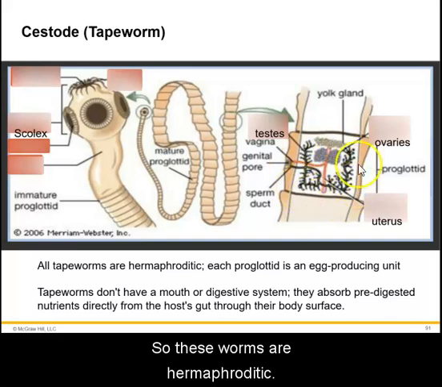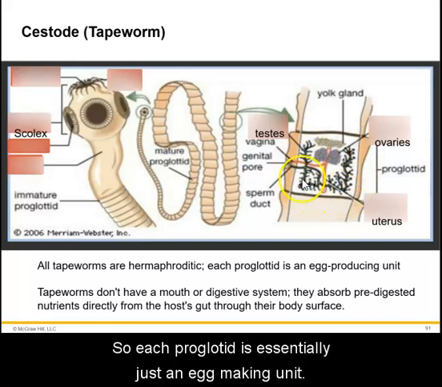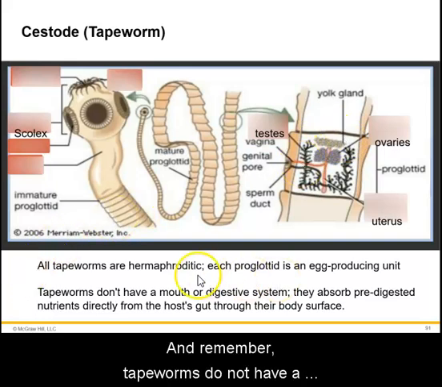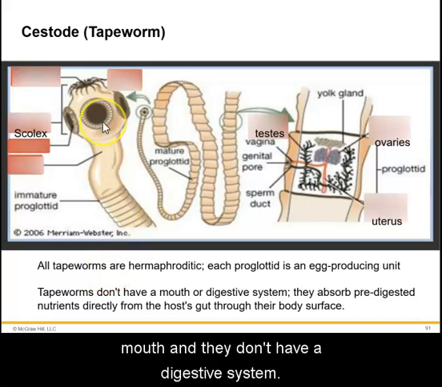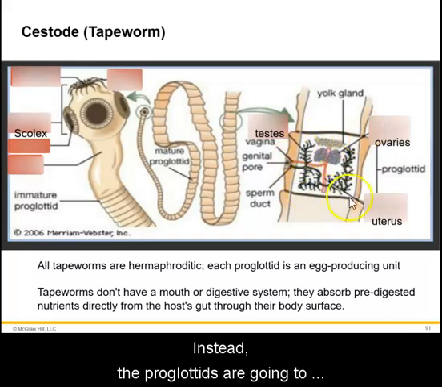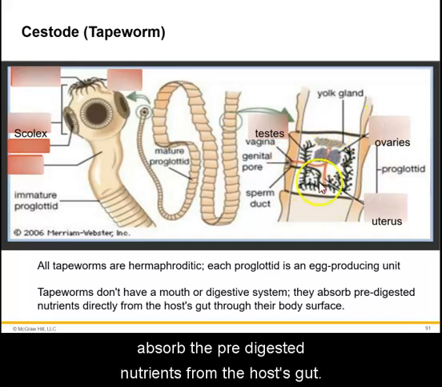So these worms are hermaphroditic. So each proglottid is essentially just an egg-making unit. And remember, tapeworms do not have a mouth and they don't have a digestive system. Instead, the proglottids are going to absorb the pre-digested nutrients from the host's gut.